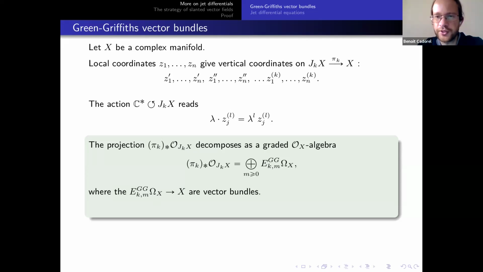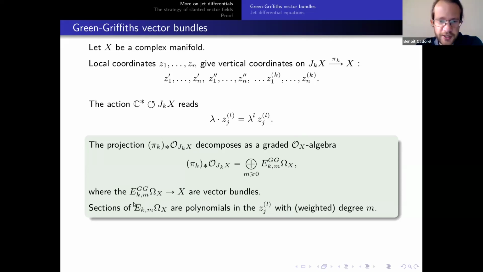The role of vectors is played by the points inside that space J^k X. On the dual side, for coordinates on that space, we usually use this notation to denote them. The sections of these Green-Griffith vector bundles are polynomials in the Z_J^L with coefficients given by holomorphic coordinates of X and with weighted degree m.